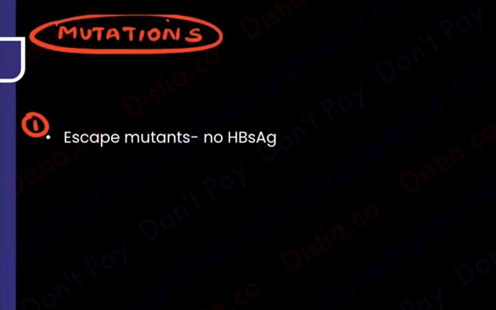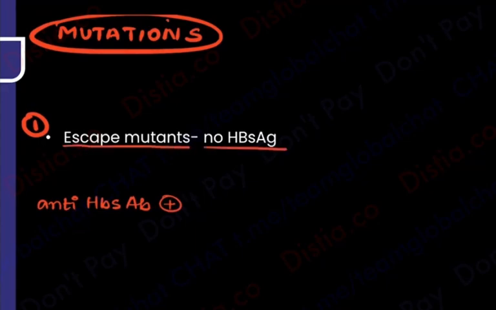The problem is that all of us have at one point of time been vaccinated with hepatitis B. This means all of us have anti-HBs antibodies in our system. The reason that we've got them is that if a hepatitis virus tries to enter us, those antibodies are able to neutralize it. But if a hepatitis B virus enters which doesn't have a surface antigen, it is going to cause infection, it's just trying to escape, it's not showing that antigen.